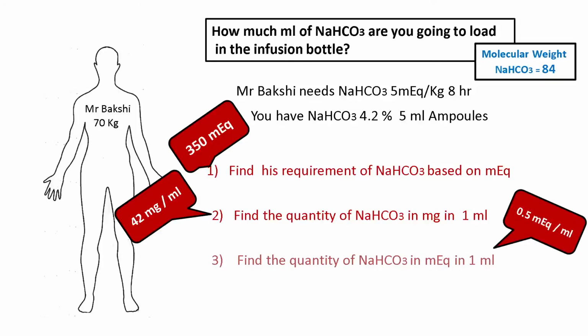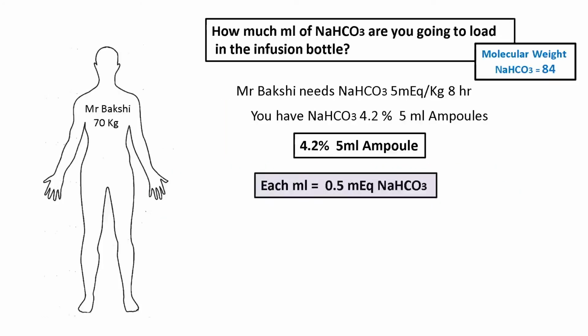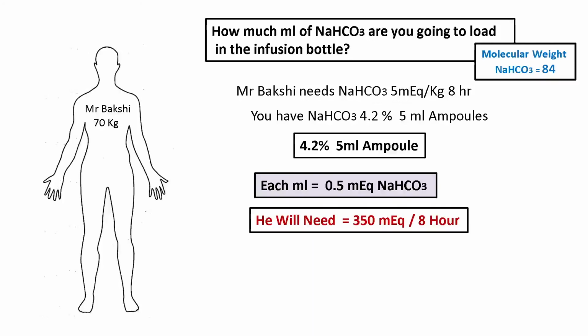We need to give 350 milliequivalents total over 8 hours, and the solution has 42 milligram sodium bicarbonate per ml, which means it has 0.5 milliequivalent sodium bicarbonate per ml. Now, each ml is equal to 0.5 milliequivalent sodium bicarbonate. That means he will need 350 milliequivalent of sodium bicarbonate per 8 hour.